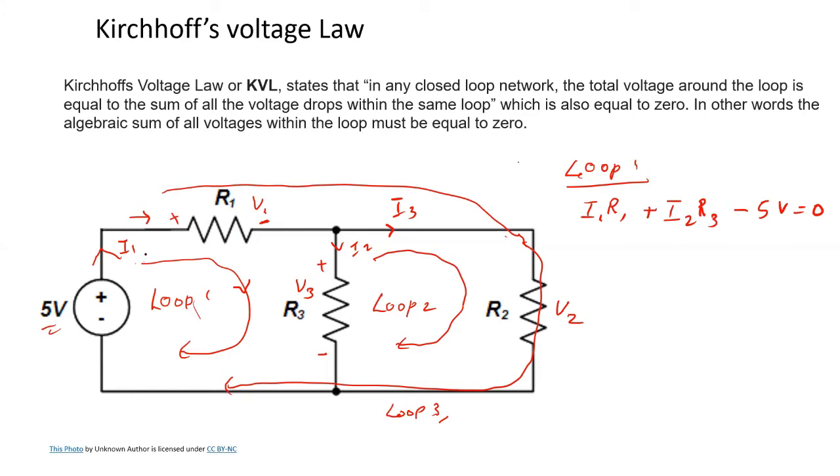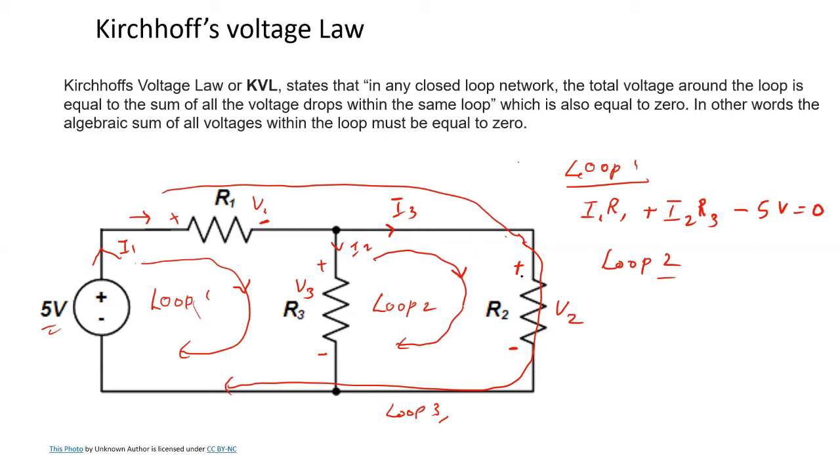Now we will see the other loop, loop 2. In loop 2, we have two resistors. What will be the loop 2 equation? We are considering this direction, again clockwise, and this is plus because current is flowing in this direction. I3 is flowing from plus to minus, from a higher potential to a lower potential.